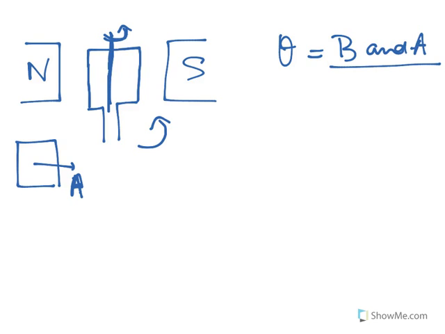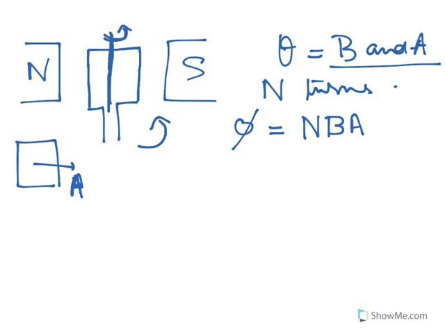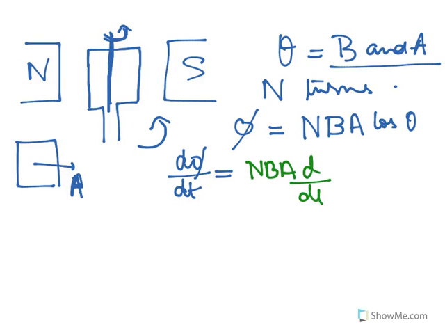So if this is a coil of, say, n turns, then phi is equal to n B A cos theta. d phi by dt can be written as n B A d/dt cos theta.